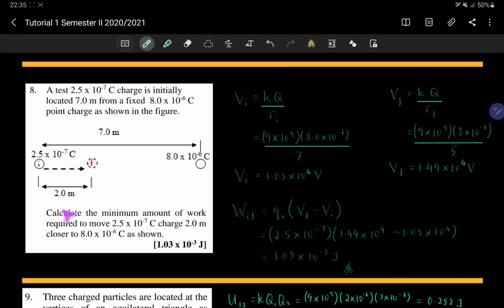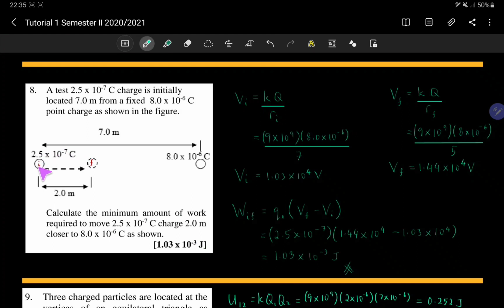Alright, calculate the minimum amount of work required to move the test charge 2 meters closer to the 8 × 10^-6 coulomb charge. So what do we have now? Initially, the separation between the test charge and the isolated charge is 7 meters, and we need to move the test charge 2 meters closer.